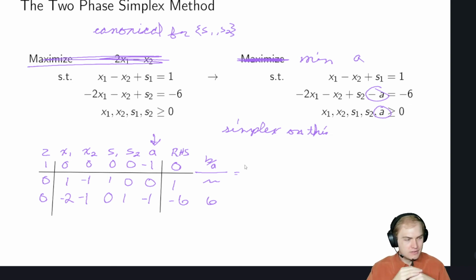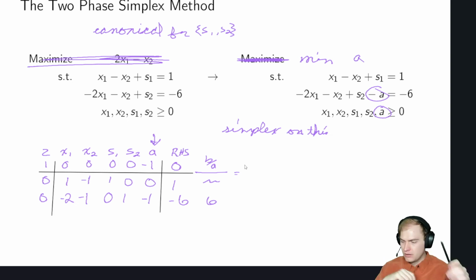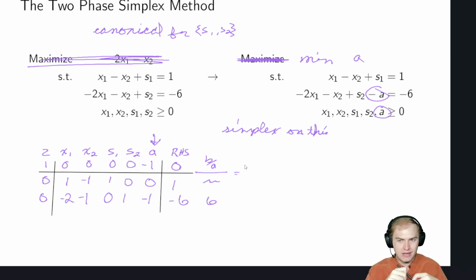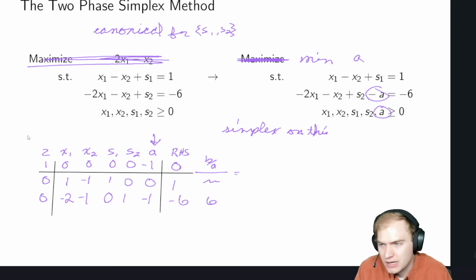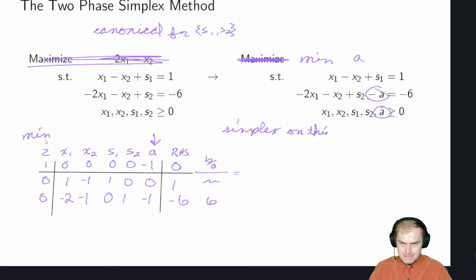So whereas in the big M method, remember we had to artificially add our A. Oh, wait. Remember everyone, no, we're minimizing here. I just got confused by this.